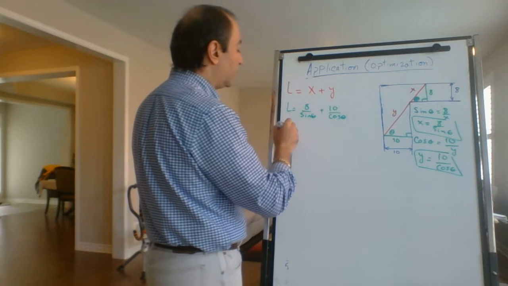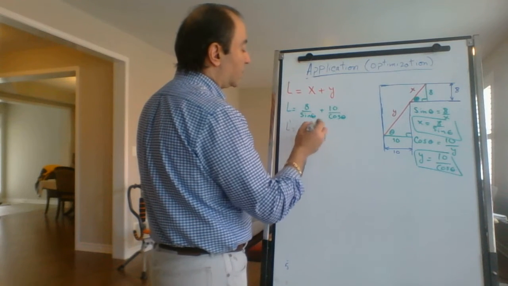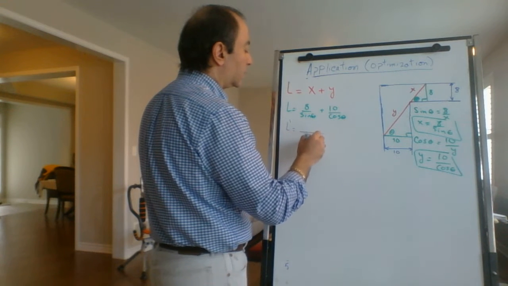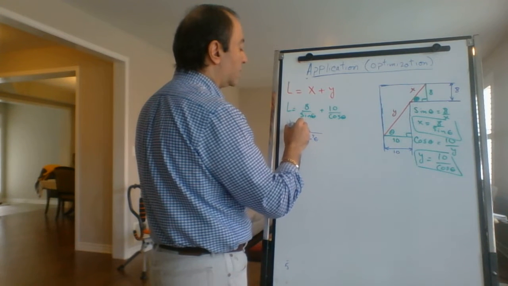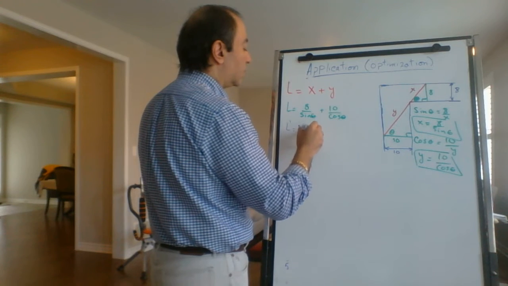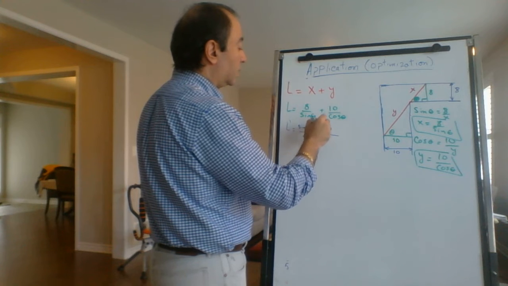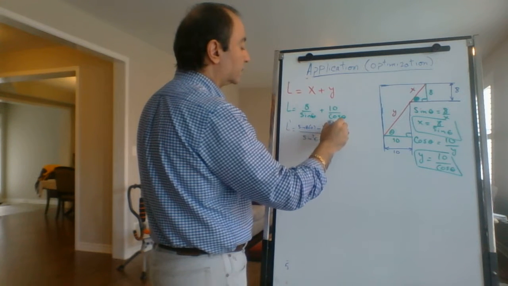So the derivative L prime, I can use the quotient rule if I want. So low squared, low d high, so sine theta times 0 minus high d low, the derivative of sine is cosine.